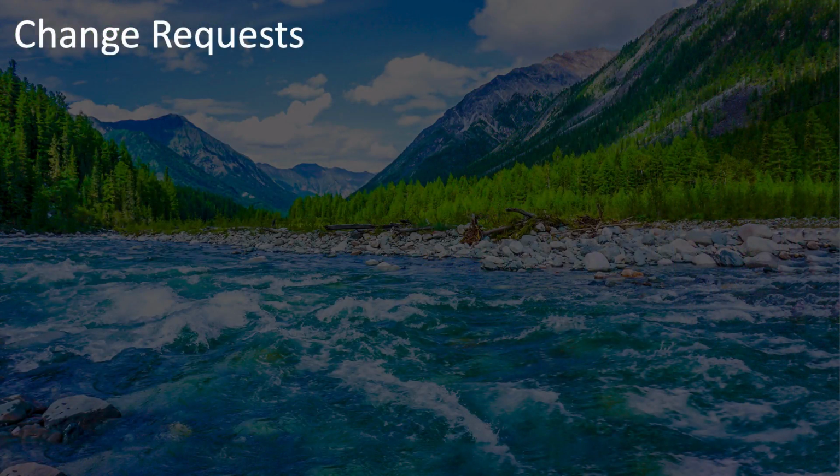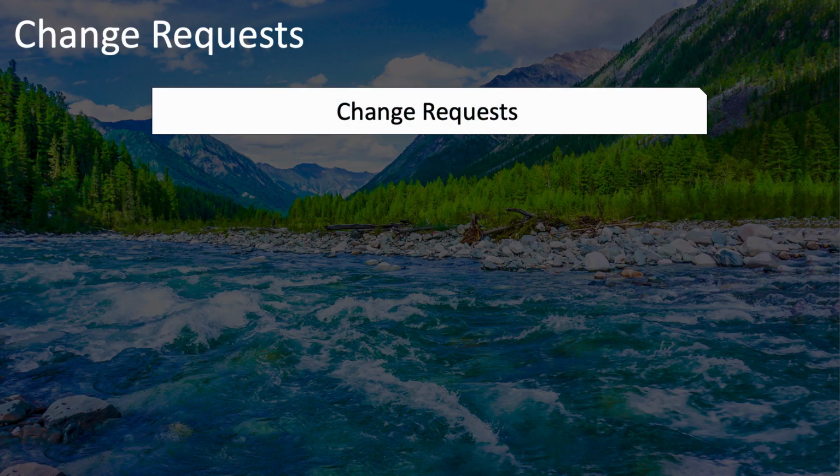Change requests. How do these flow through the various processes? First of all, change requests can come from just about anywhere and from just about anyone in any process. They're outputs from all sorts of processes.